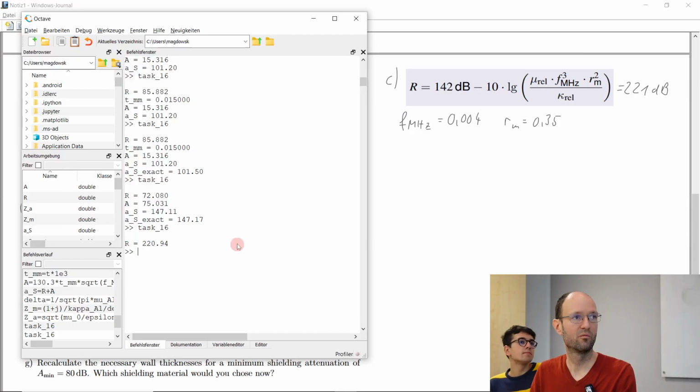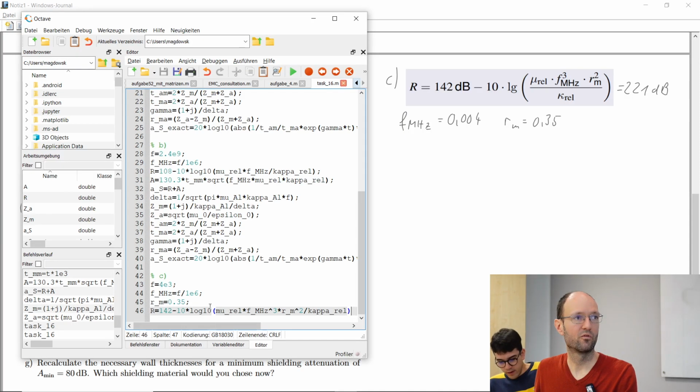So inside our formula for the reflection coefficient, this one here, the difference will be larger. And so the reflection coefficient is closer to 1 and we have more reflection, and that's why we also have more reflection loss.